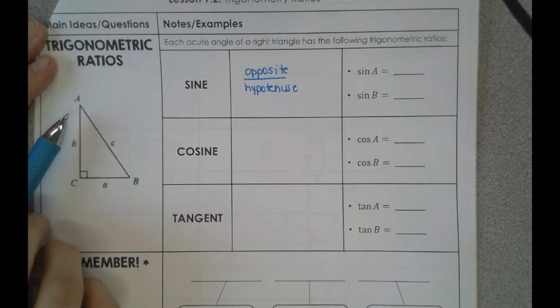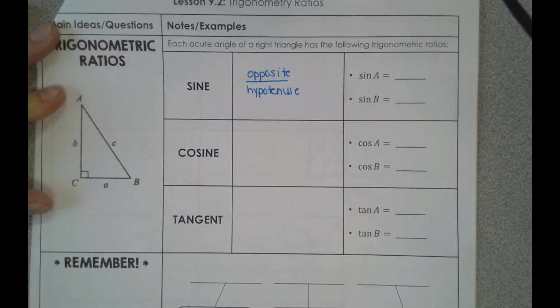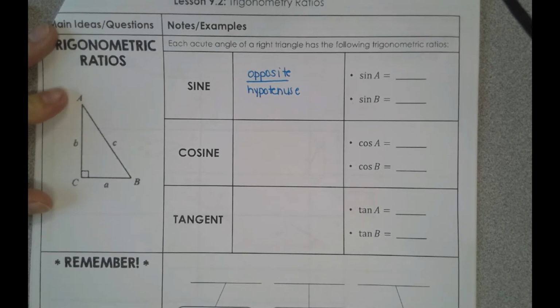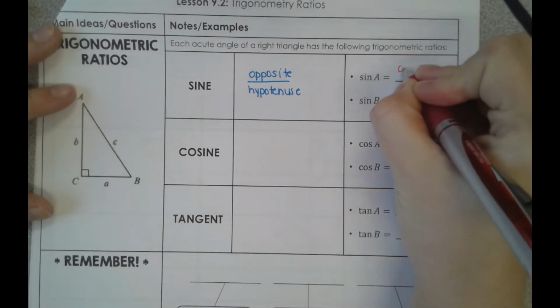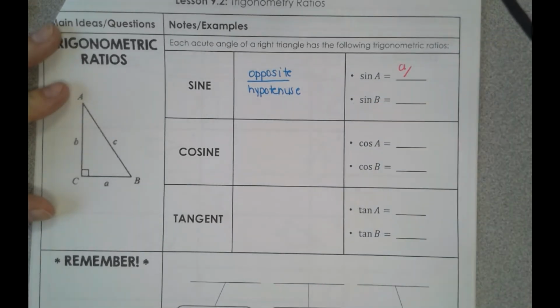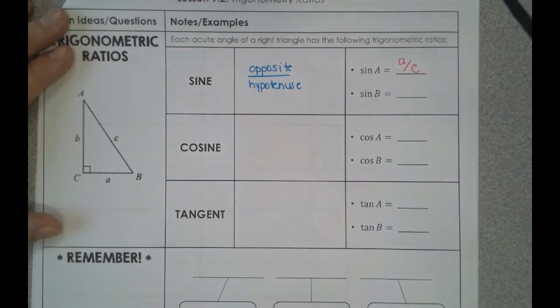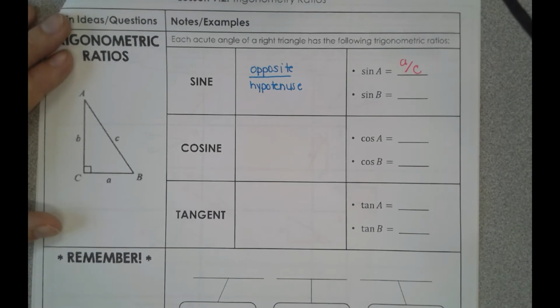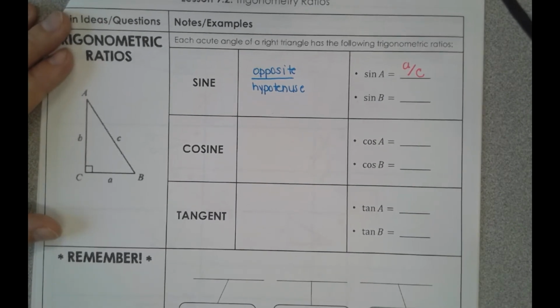What side is opposite of angle A? Little a, or side BC. So sine of A would be little a over, what is the hypotenuse? C. So if I said, what is sine of A? It's a over c.